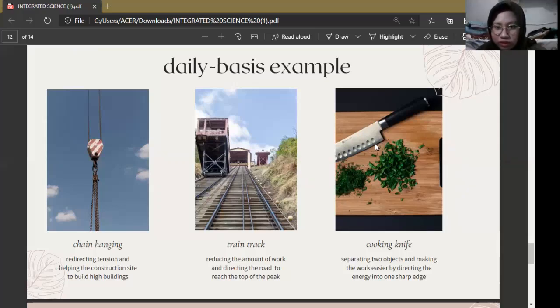This is the edge, you need to see my arrow. This is the edge, and it's very sharp, and you push your force into one edge like that. So you focus your energy and your work into one edge. So the energy becomes more stable and focused so you can separate things easily. That's the function of a wedge.